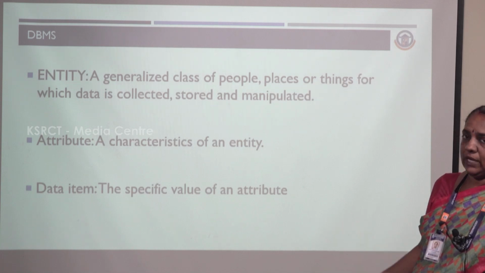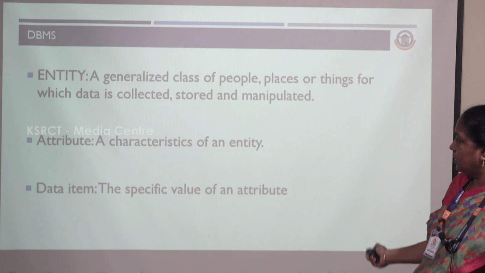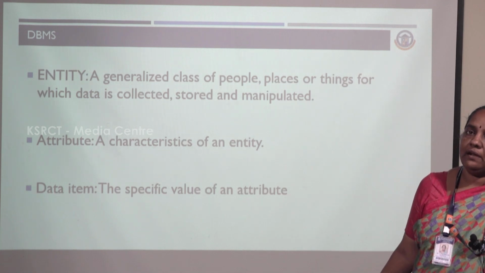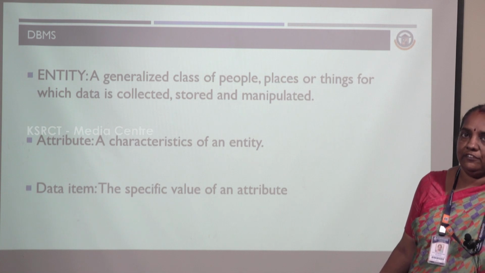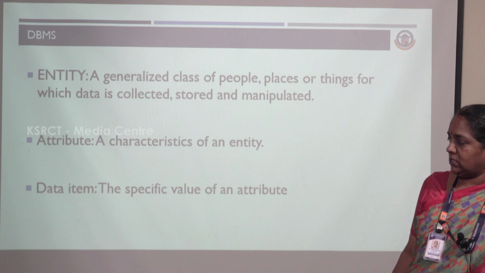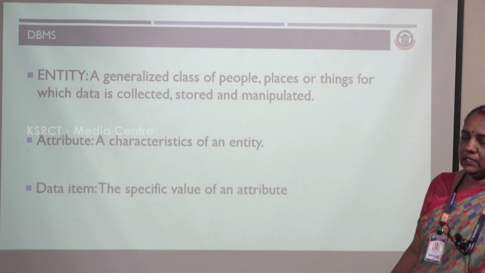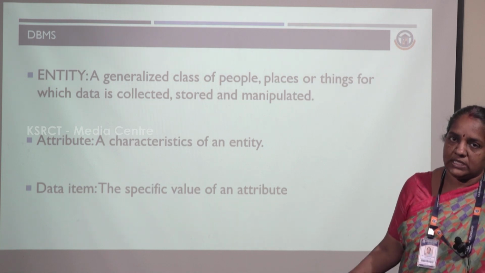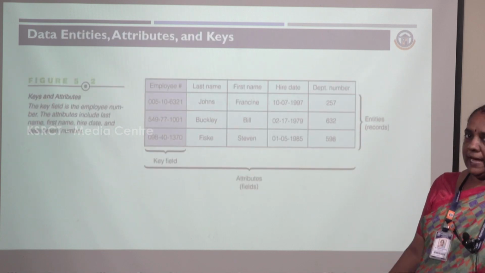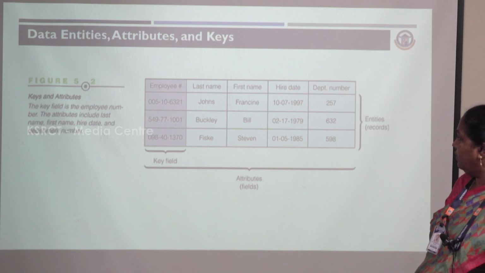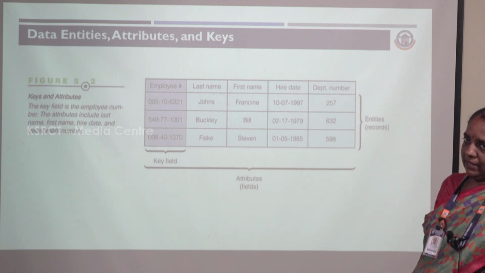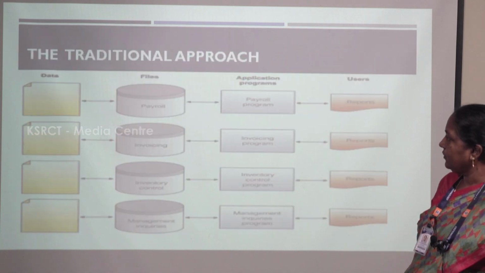In an entity you can have any number of attributes. The attributes are the characteristics of the entity, the fields you make use of to develop and store the entity, and data items are the specific values which you assign to each of the attributes. The diagram gives you an example of the entities, the attributes as well as the data values.